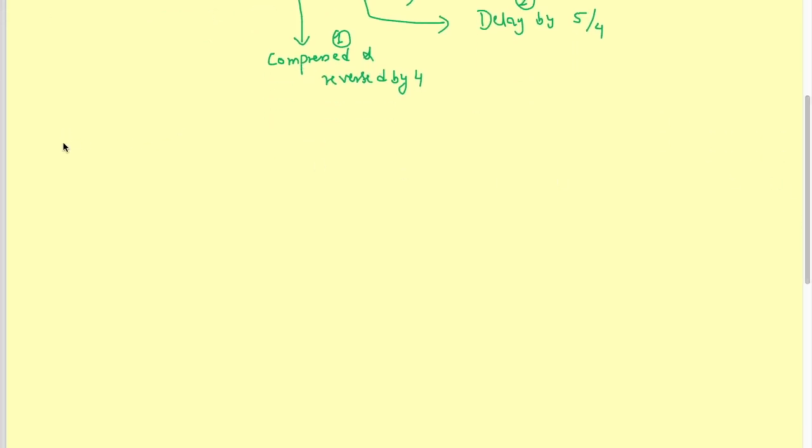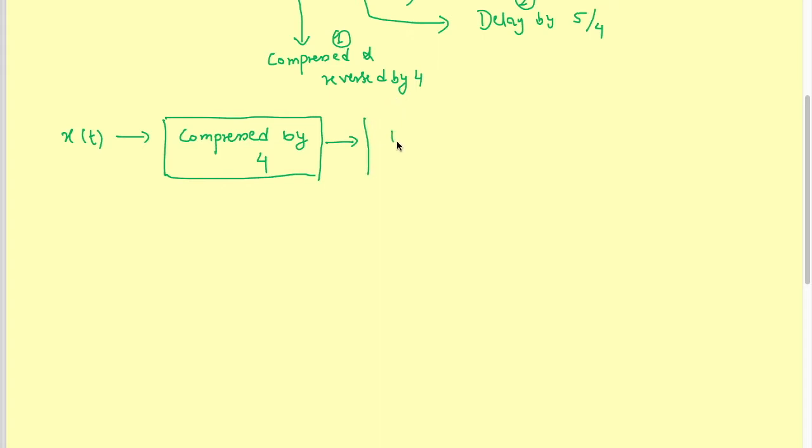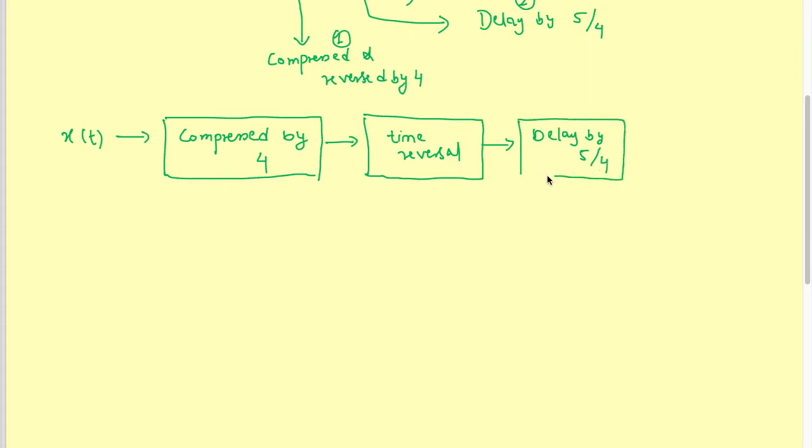So x of t is compressed by 4, then apply time reversal. After this, I will apply delay by 5 by 4. This is y of t.